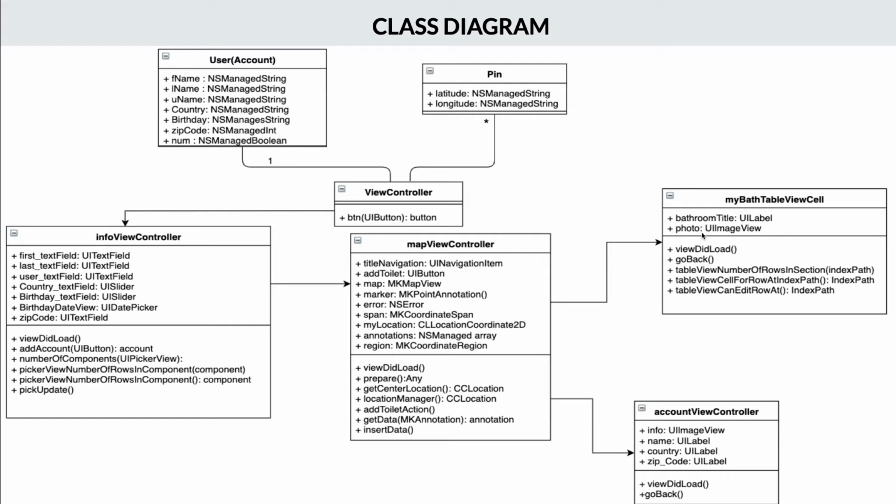We also have the capability of submitting a photo through it. And we also have these actions. We have a view did load, go back, and the basic functions that a table view goes for. So table view number of rows and sections, and then table view cell for row at index. Table view can add a row.